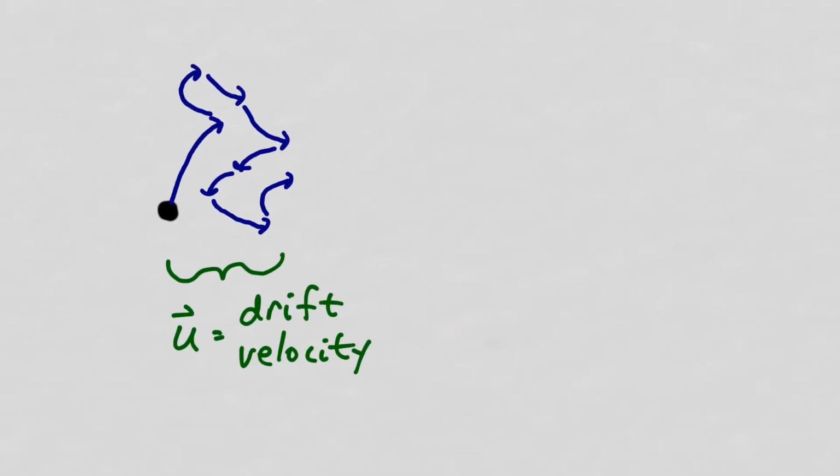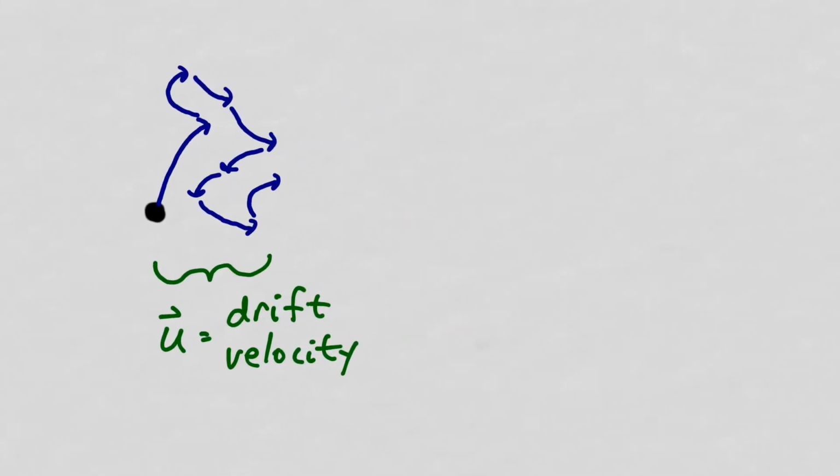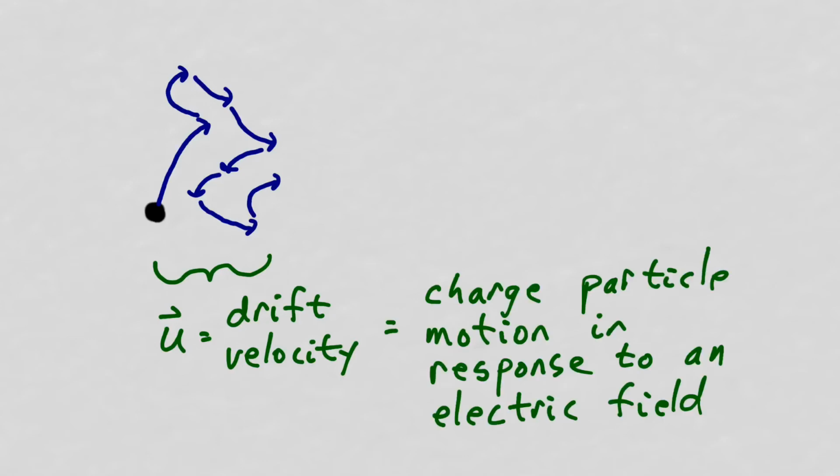If you take the distance the electron has moved over some time and divide them, you get what we call the drift velocity of the electron. The drift velocity is just charged particle motion in response to an electric field. We will make the calculation later, but this drift velocity is much, much, much less than the thermal velocity of the electron.